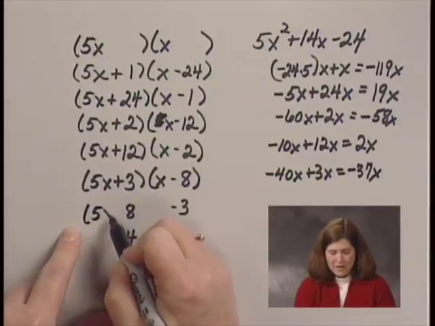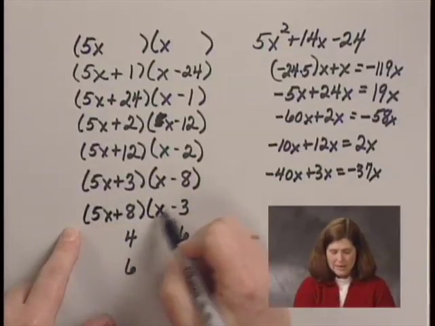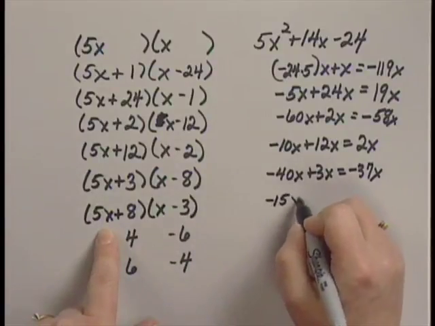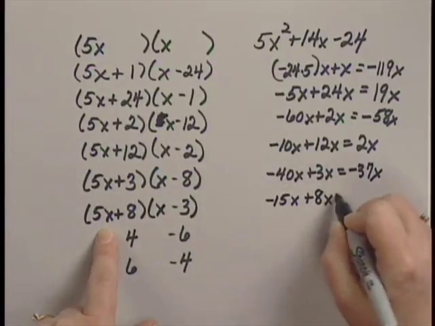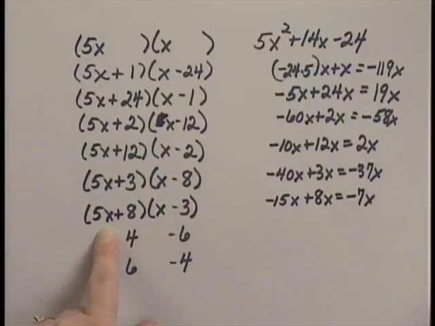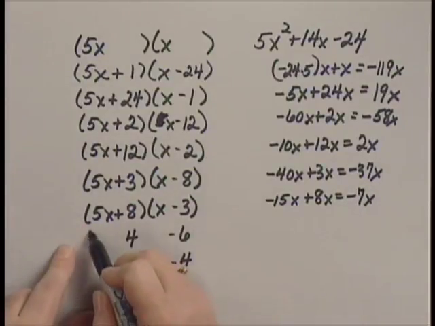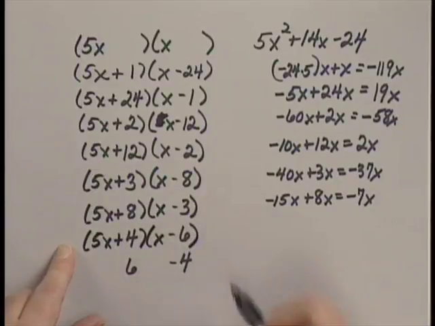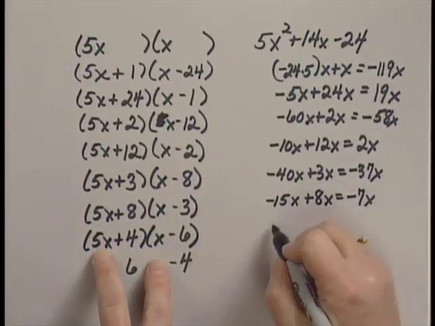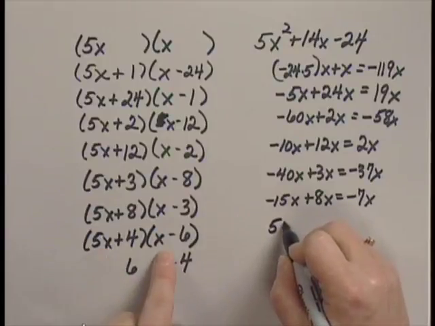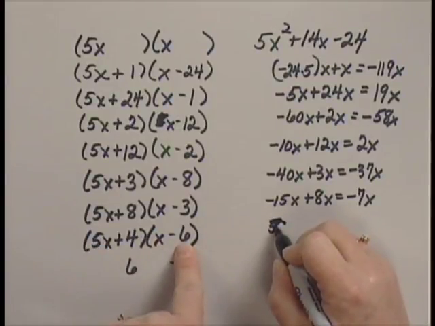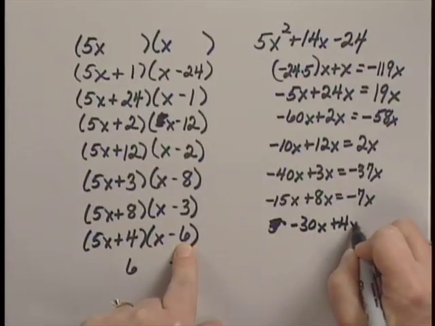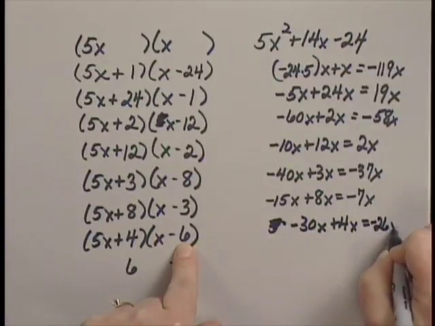I will try 5x plus 8, x minus 3. My middle term is negative 15x plus 8x, which is negative 7x. Again, that's not right. I'll try 5x plus 4, x minus 6. My middle term will be 5 times negative 6, negative 30x, plus 4x, which is negative 26x.